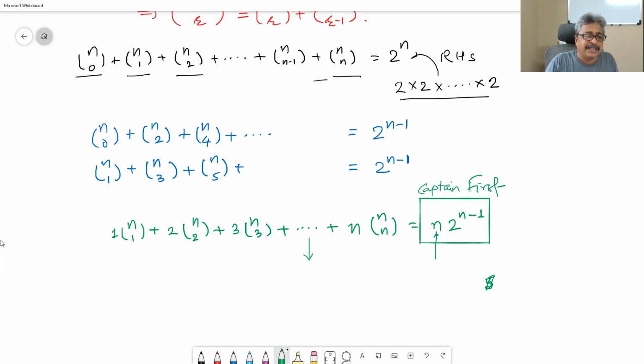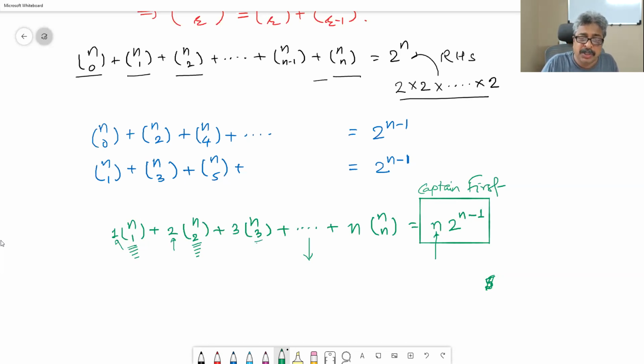What is LHS? You choose the team first and then the captain, because it is a playing captain, not a non-playing captain. So the captain has to be part of the team. If you choose a team of 1 member, the same person will be captain. If you choose a team of 2 members, then there are 2 candidates for being captain, 2 choose 1 ways.